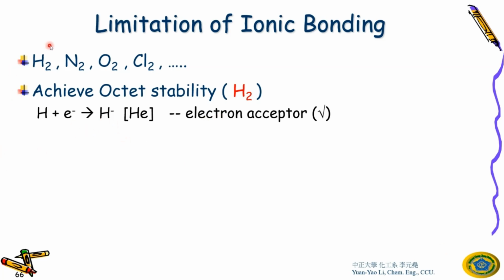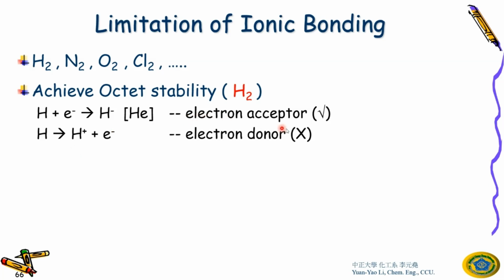However, if you want to form hydrogen gas, H2, then one hydrogen needs to receive 1 electron and another hydrogen needs to release 1 electron. That means it's an electron donor. But once you release 1 electron, there's no electron in the hydrogen atom, and then it doesn't reach octet stability.